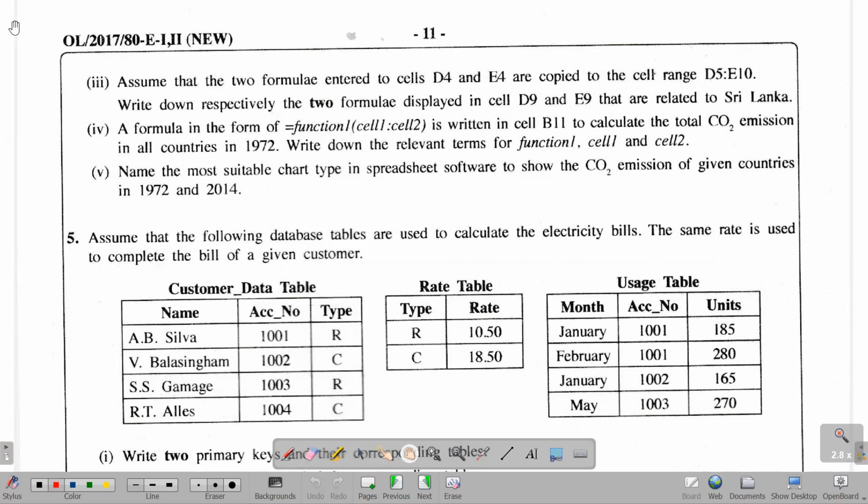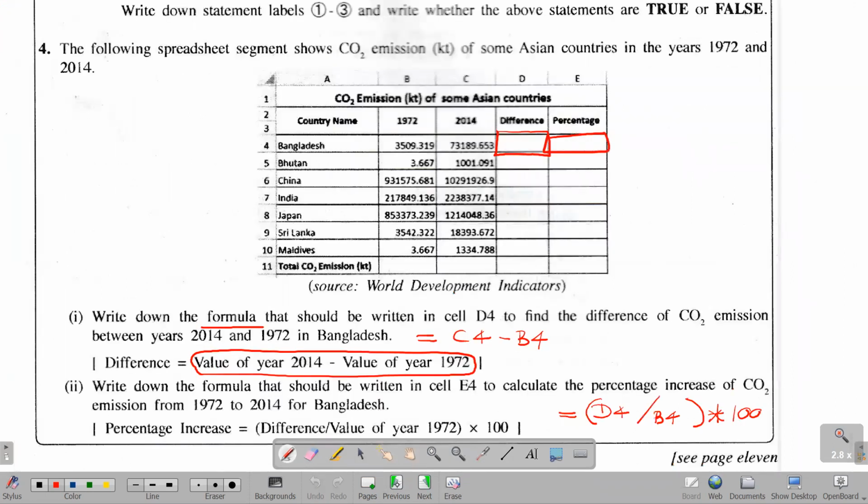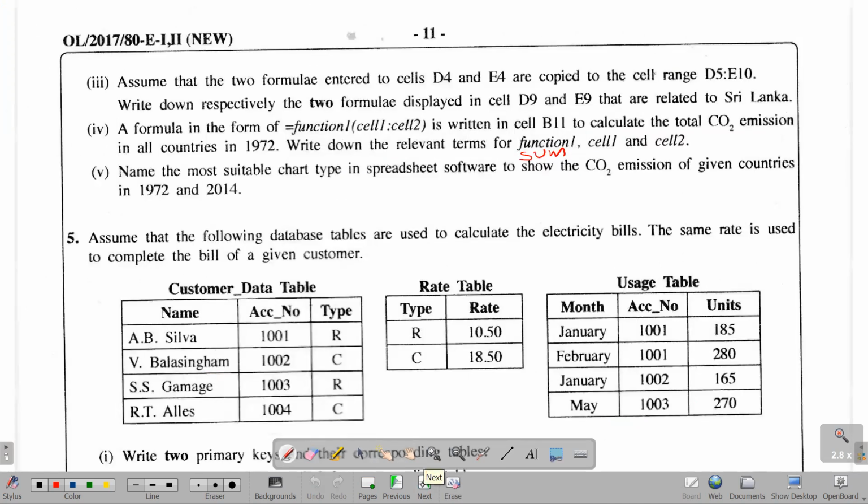So the function is going to be sum. Cell 1 is going to be the first cell of the range, that means B4. The last cell is going to be B10. So this is going to be B4, and this is going to be B10.